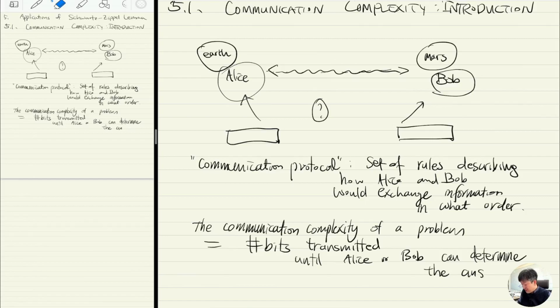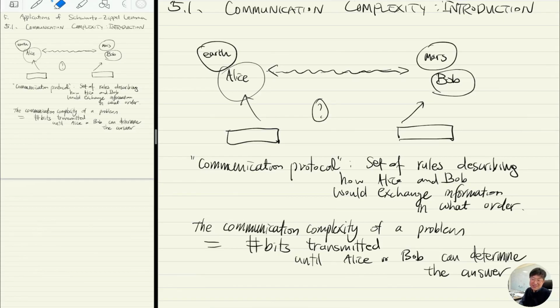For some technical reason, we don't require both Alice and Bob to know the answer because, for instance, once one of them has an answer, they can just send one bit, right? If the answer is yes or no, then if Alice now knows the answer, Alice can send just one bit to Bob, and Bob also knows the answer.